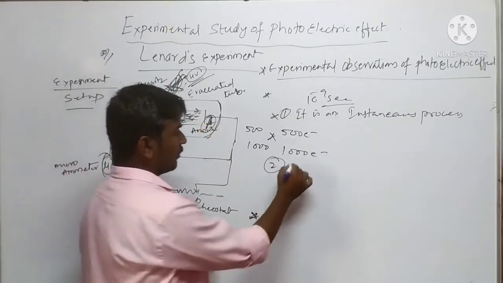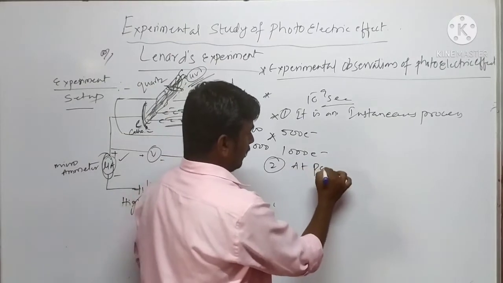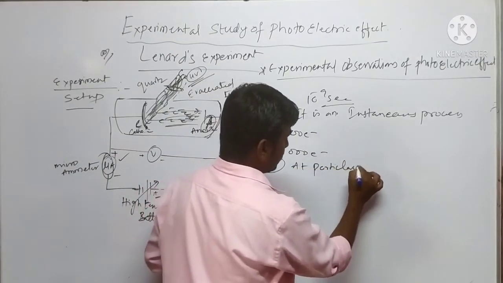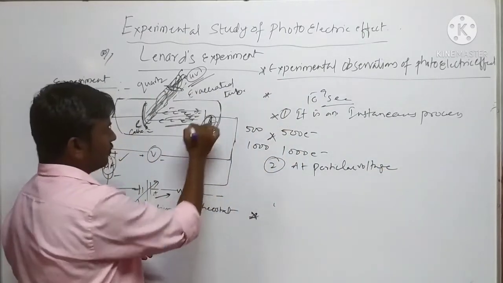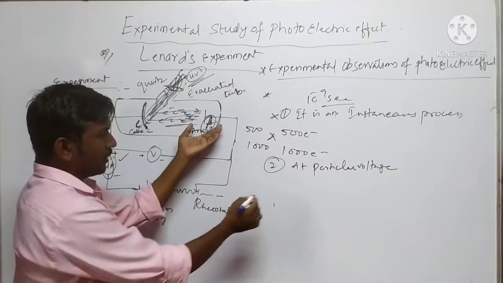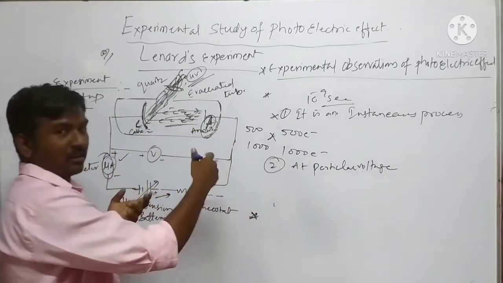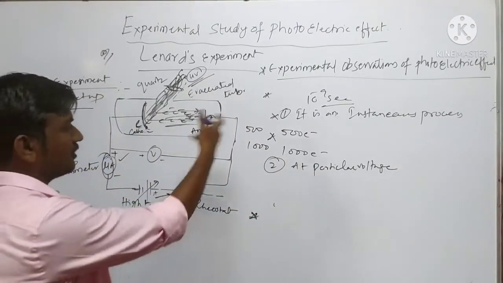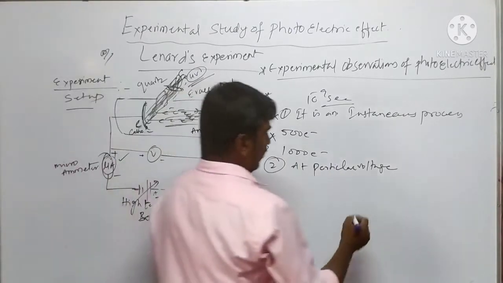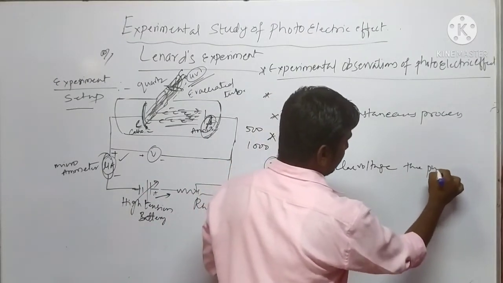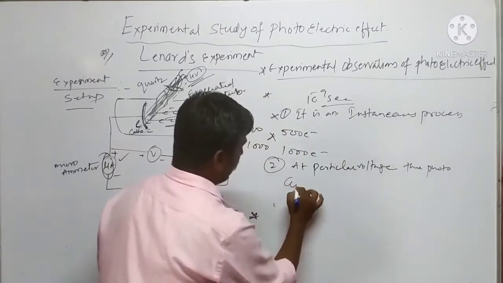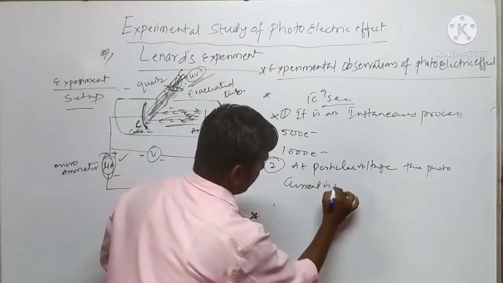At a particular voltage of the anode, there is no further increase in the photoelectric current; at that voltage the photo current is maximum.